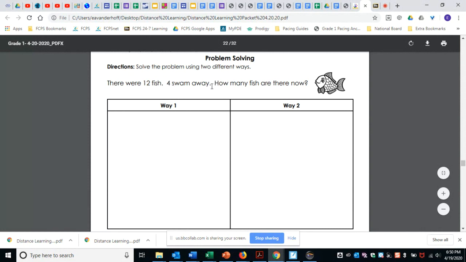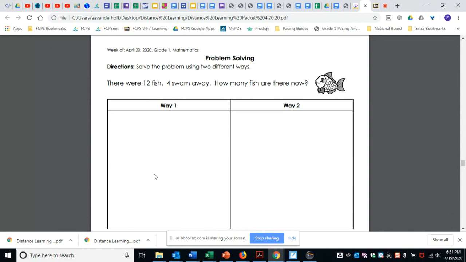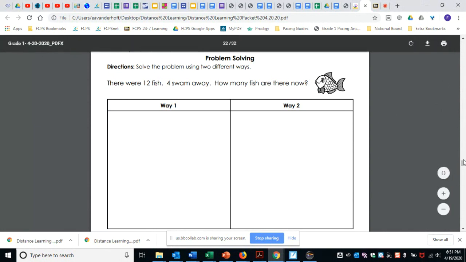How many fish are there now? And it's asking you to show it 2 different ways. You could use counters like the blocks that I used. You could draw circles if you don't have any counters like the blocks. You can write the equation. You can draw a picture of the fish. Lots of ways to solve that one.